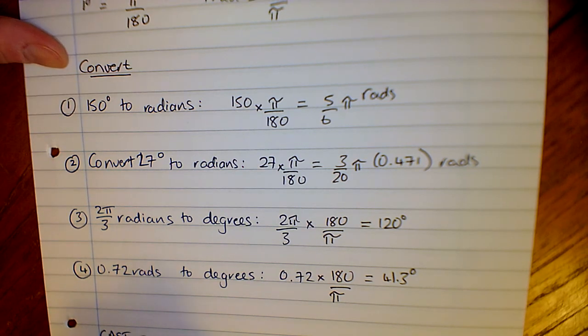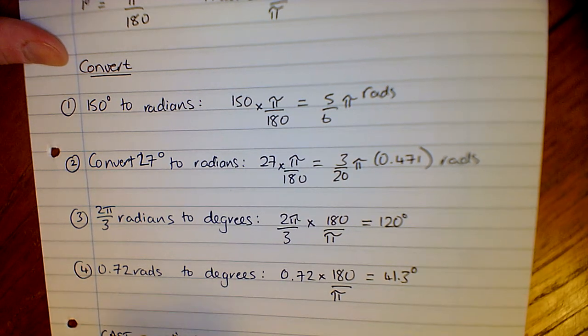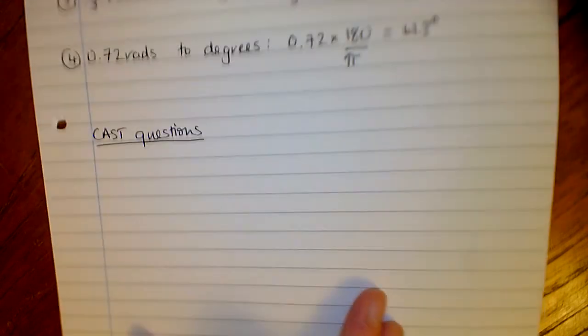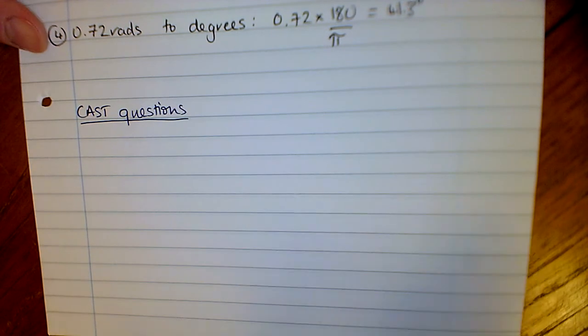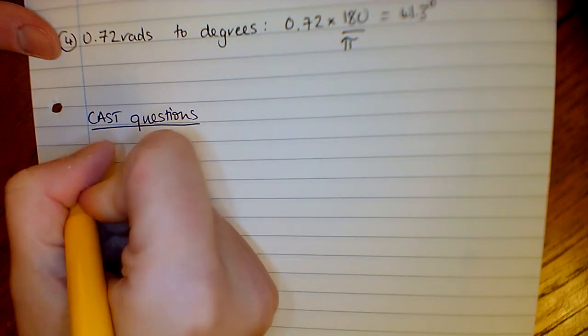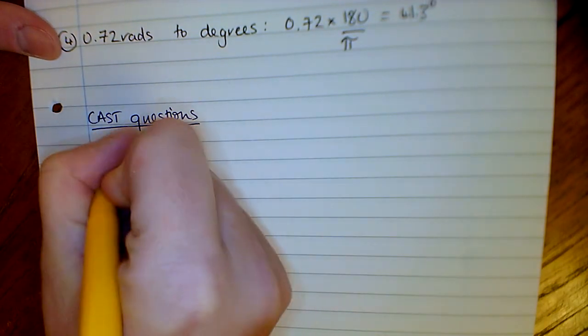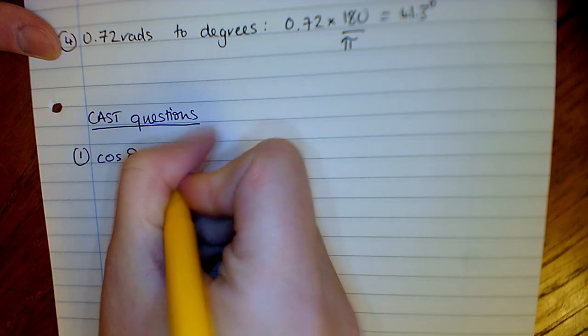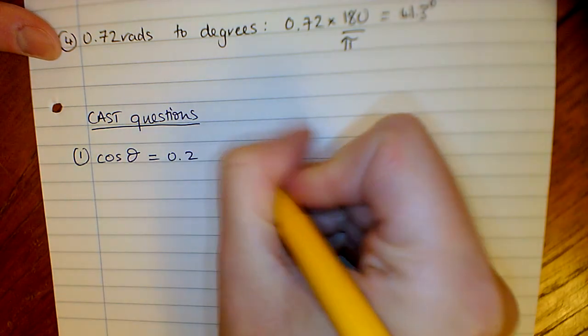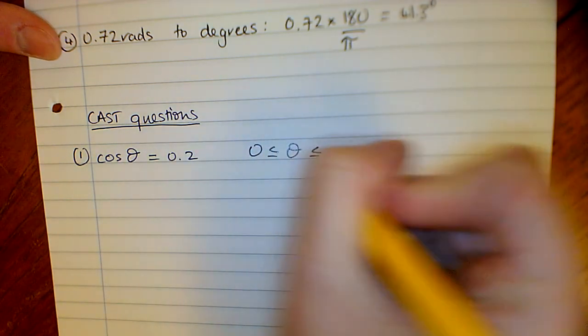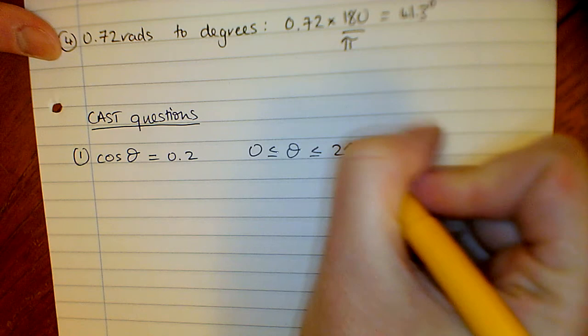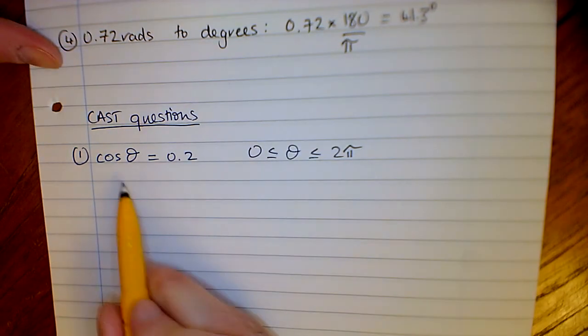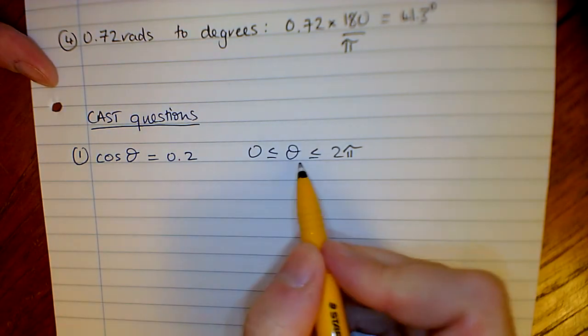Now we have a couple of different things that we have to do then with radians. So the first thing then would be CAST questions. So if you remember, these are questions like cos theta equals 0.2, where theta is between 0 and 2 pi, and we have to find all the possible values for theta.